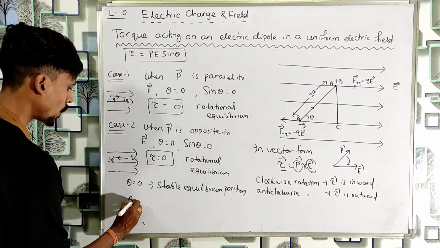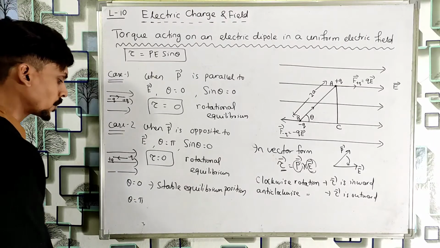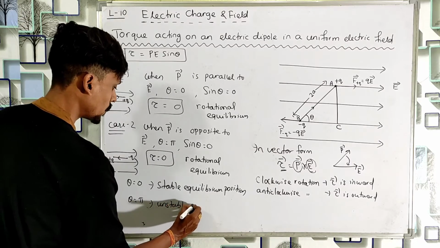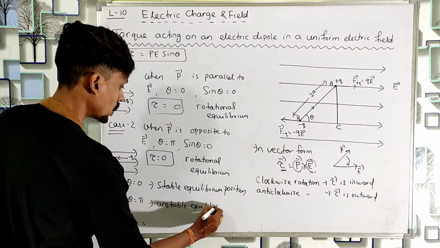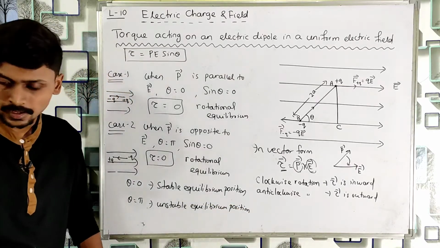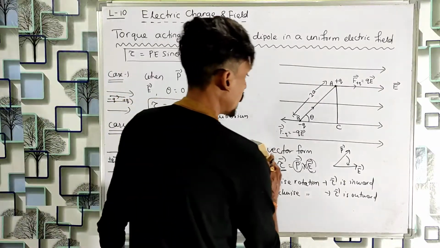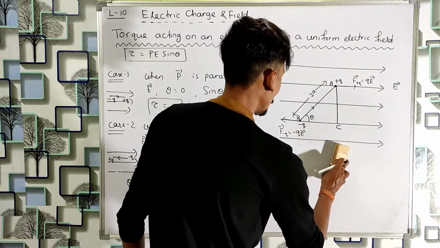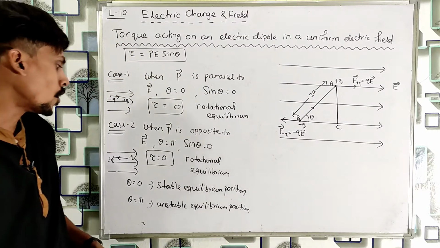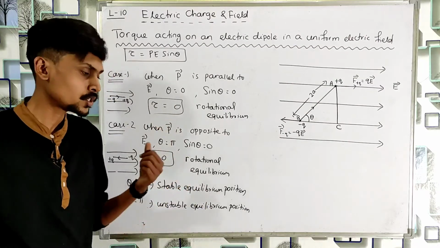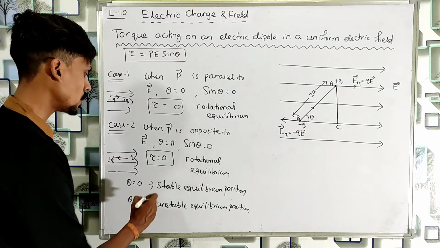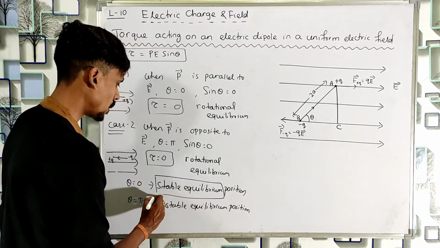And theta equal to pi or 180 degrees is known as the unstable equilibrium position. Now the question is, why should we call this position the stable equilibrium position and this position the unstable equilibrium position? We have to understand the meaning of stable equilibrium and unstable equilibrium.